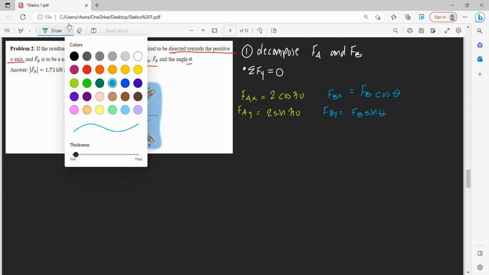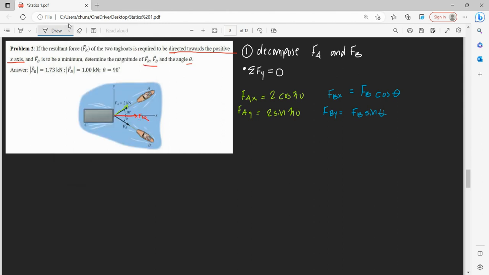So then when we add these up, our sum of our x components is equal to 2 cos 30 plus Fb cos theta. Right, and we don't know what that equals, but we do know that our sum of Fy forces is equal to 0. So then we can rearrange for this equation.